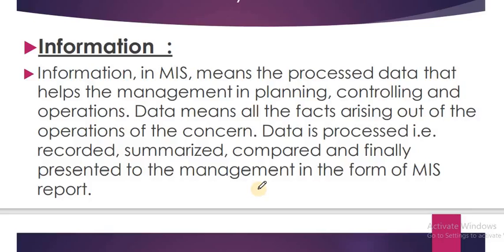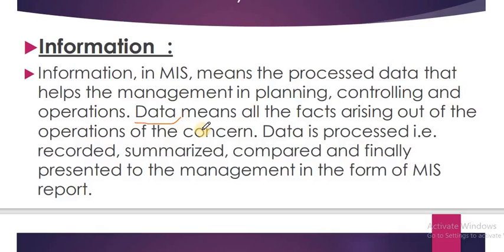So that's why the word information comes in as processed data. Data here means all the facts arising out of the operation of a concern. Data can be recorded, summarized, compared, and finally presented to the management in form of MIS reports. Are we clear on that?